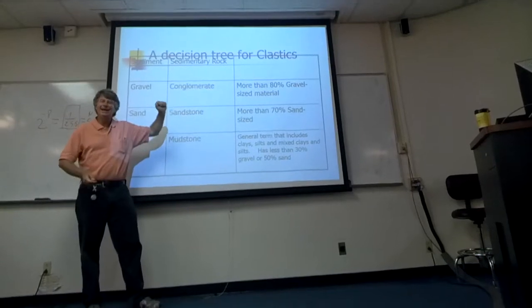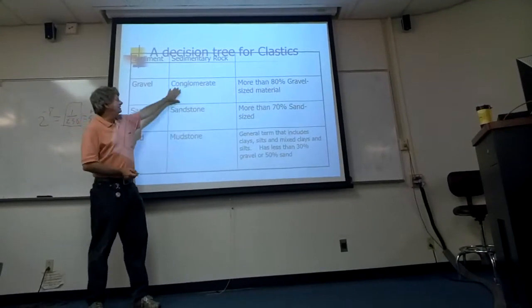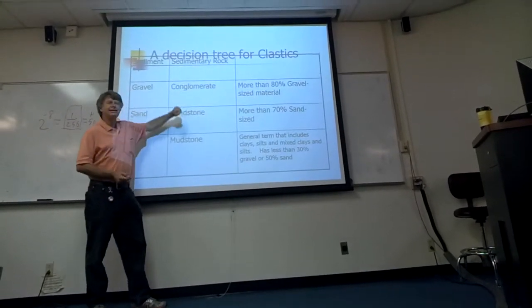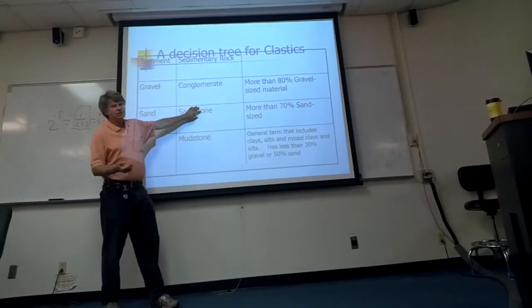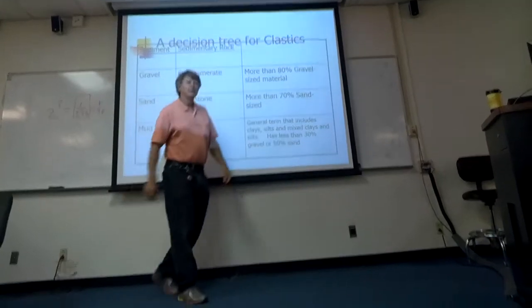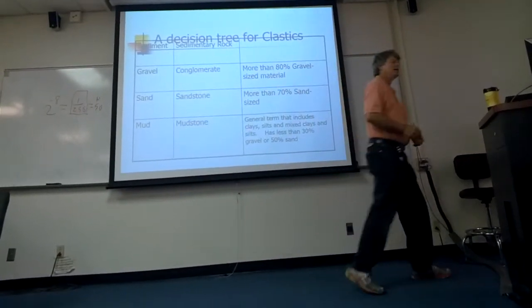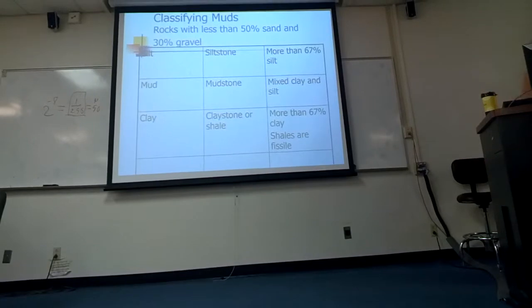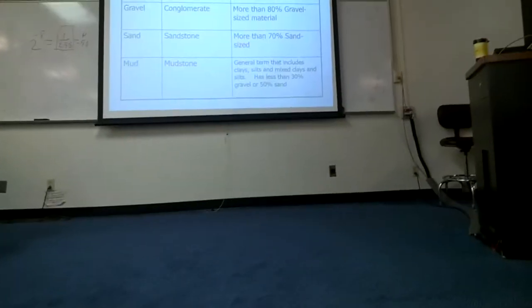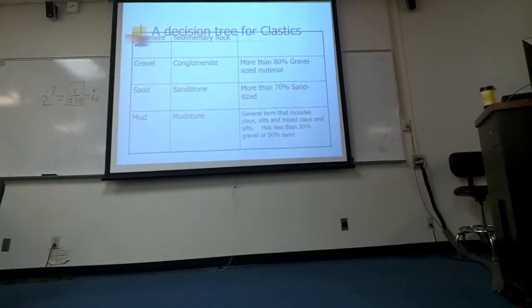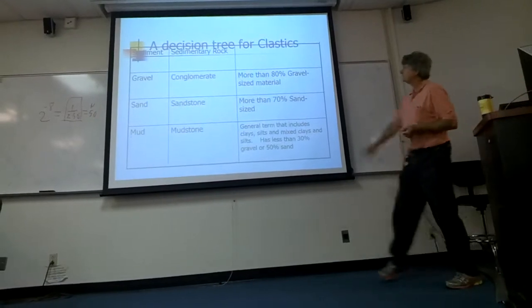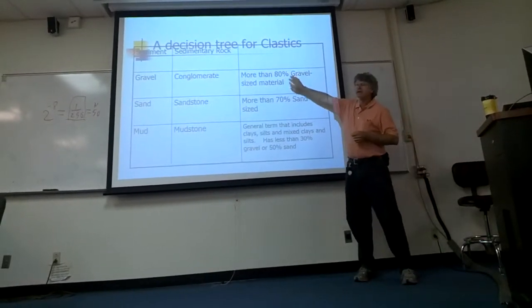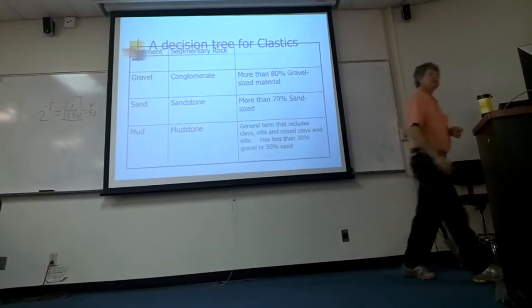Same with if it's in between these with sand and conglomerate, it's a sandy conglomerate or a gravelly or conglomeratic sandstone, a pebbly sandstone. So all of this is pretty easy, but the trick is just going to be remembering the numbers of where we make the breaks.